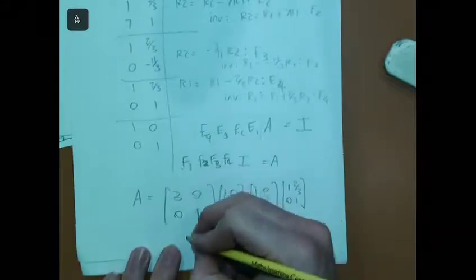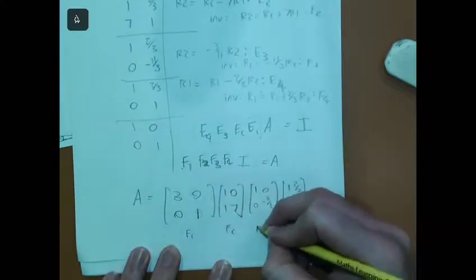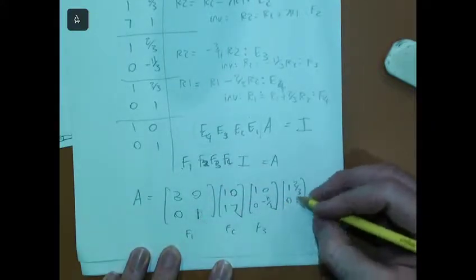So just to point out to myself, that's F1, that's F2, that's F3, and that's F4. And the reason they're in that order is to get from I to A, I do F4, and then F3, and then F2, and then F1. That is an example.